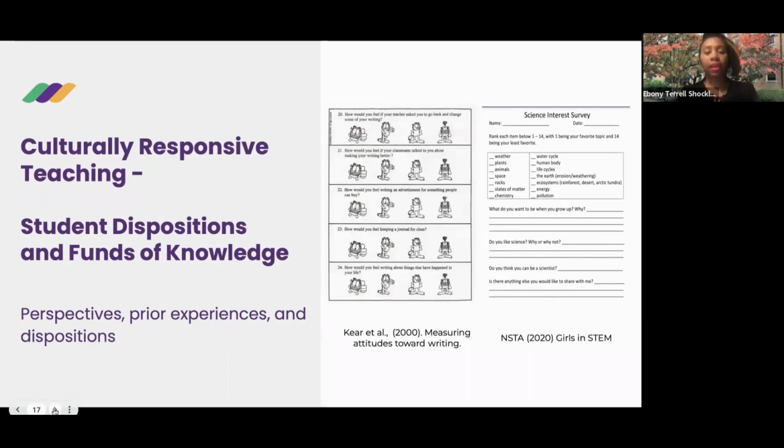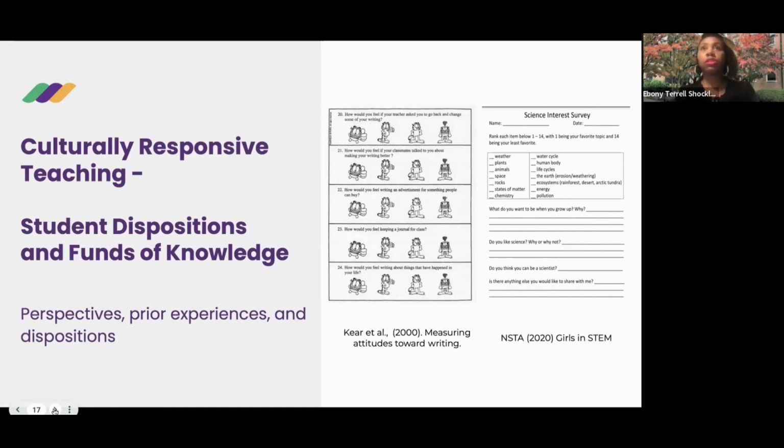So we know that our culturally responsive teaching frameworks, those funds of knowledge dispositions, carry into literacy, okay? And in elementary schools especially, oftentimes there's not even a space or a block for science.